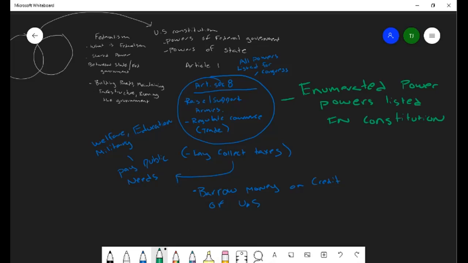Okay. And these are powers given to Congress by the Constitution. Okay, so they're given by the Constitution. And they're explicitly given to Congress. Okay, so Congress has these powers.